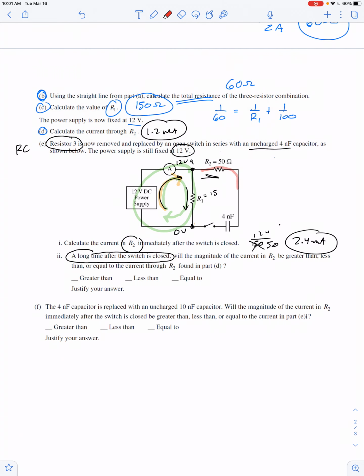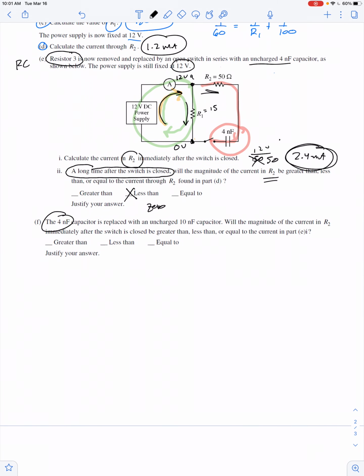This effectively becomes like a dead branch due to the fact that there's infinite resistance in the capacitor. So, will the magnitude of the current in R2 be greater than, less than, or equal to 2.4 milliamps in the steady state? It'll be less than, in fact, it'll be 0.